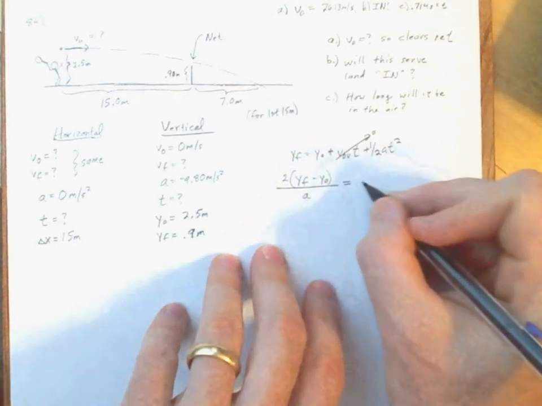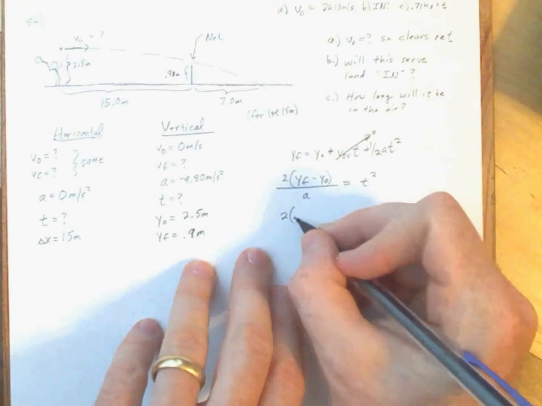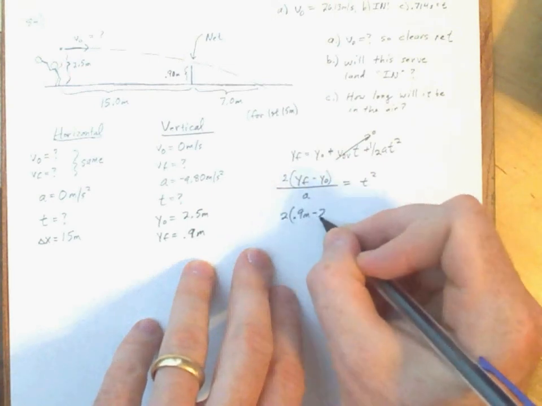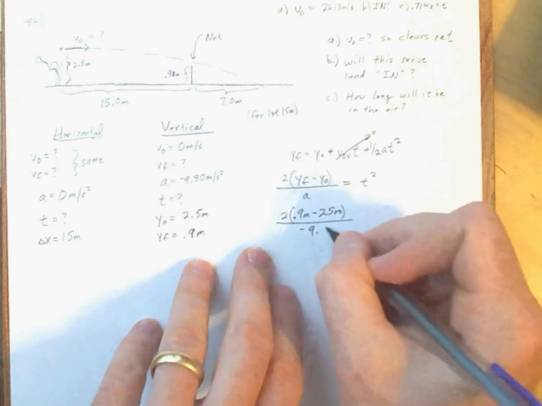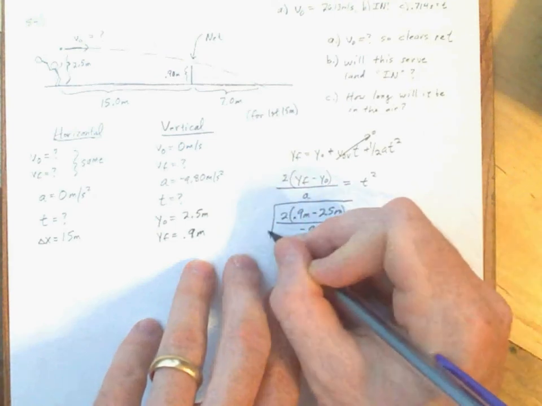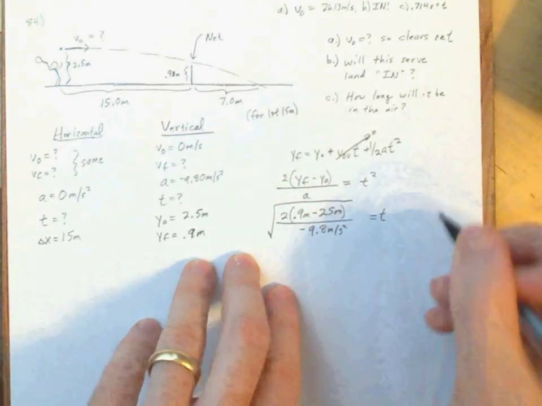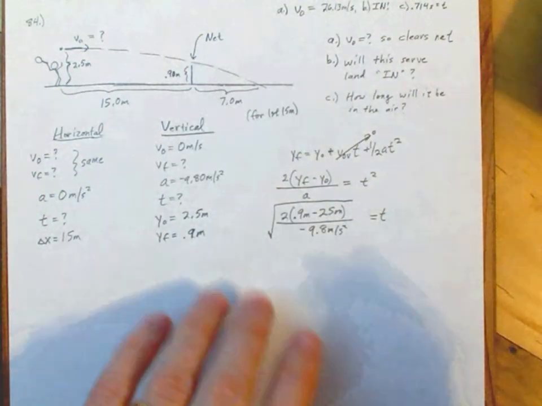Let's go ahead and plug in some numbers. Y final, 0.9. Y original, 2.5. A, negative 9.8 meters per second squared. Square root that puppy. It's going to be a time. Again, this is only the time it takes to go the first 15 meters. So I plug all that in.